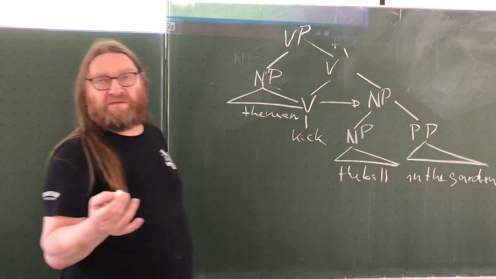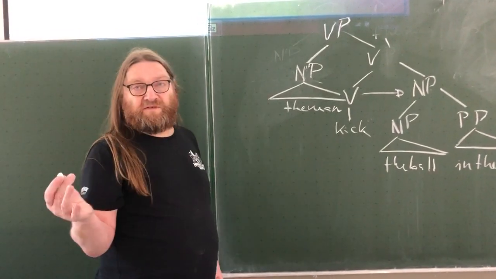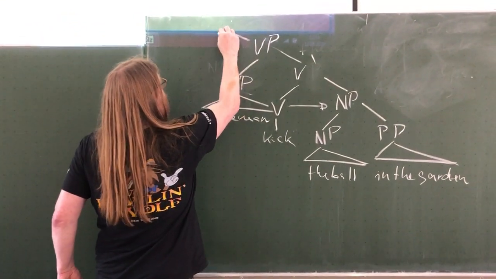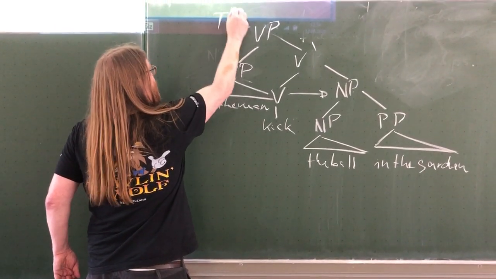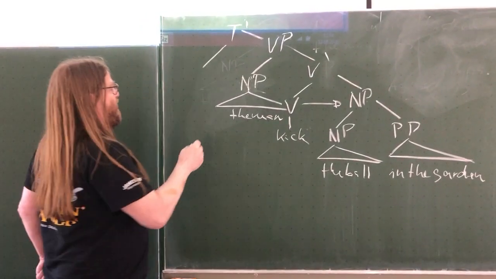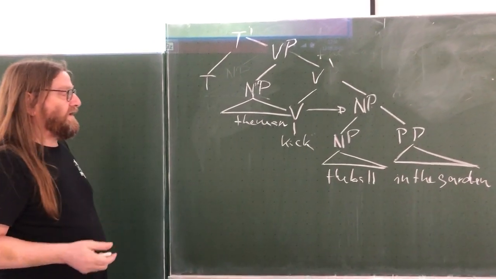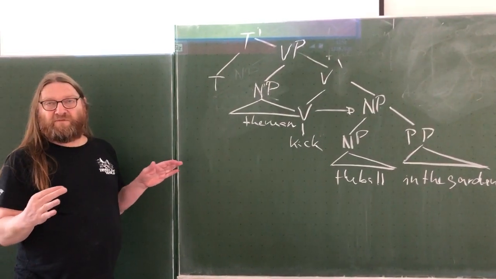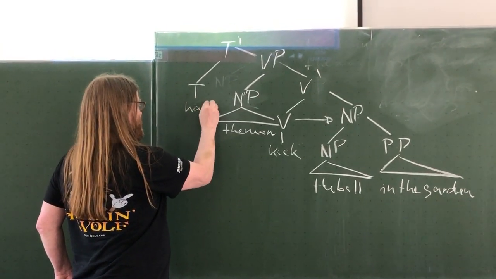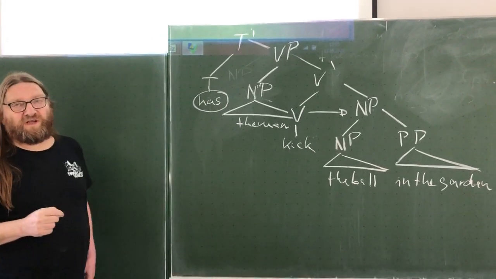Okay, where does tense fit into this picture? Well, guess what? It fits into the picture by building another X-bar structure. Namely, we now switch back to the version where we have an auxiliary. And it is clearly visible that tense has to be realized here.